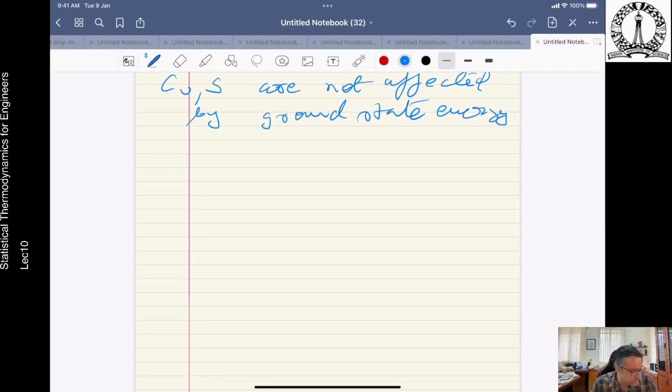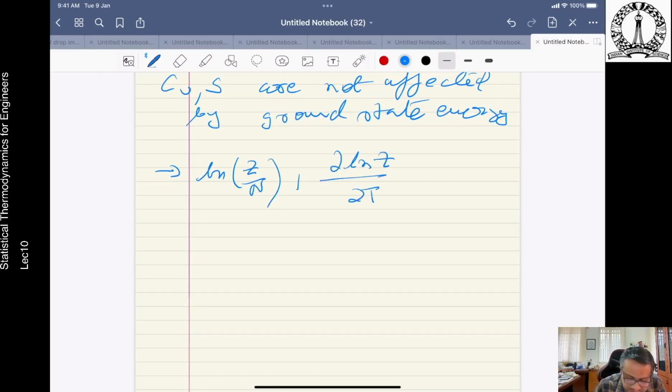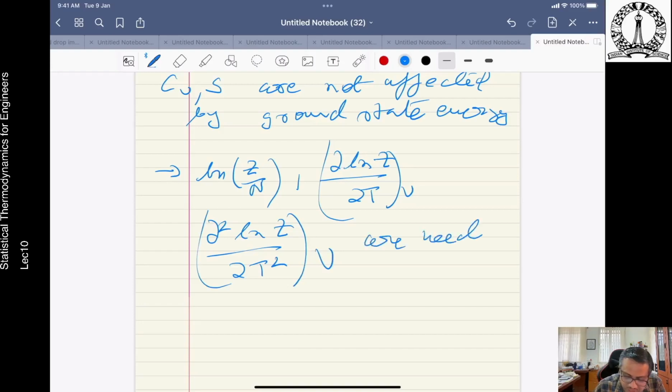So what we need for calculating any of these quantities is ln Z over n. This is one term. Then d ln Z by dT at constant V, and d square ln Z by dT square at constant V. These are the properties basically needed if you want to calculate all the thermodynamic properties concerned here.